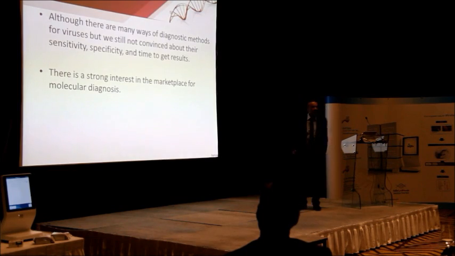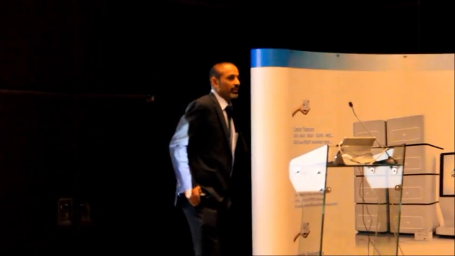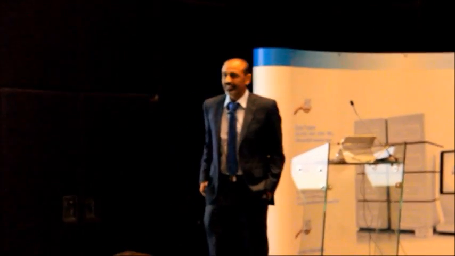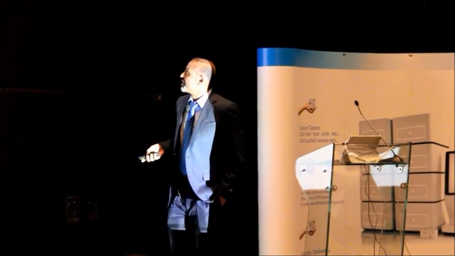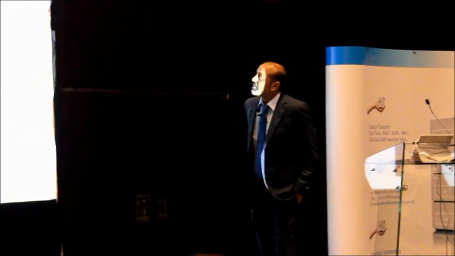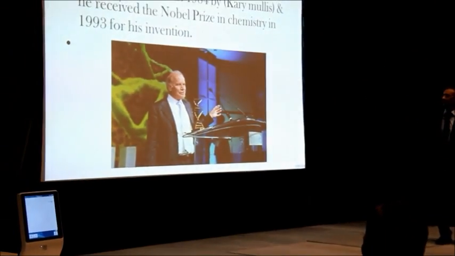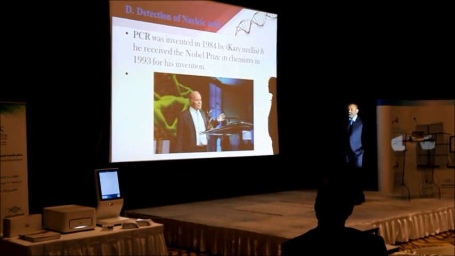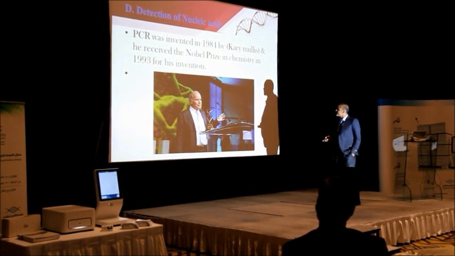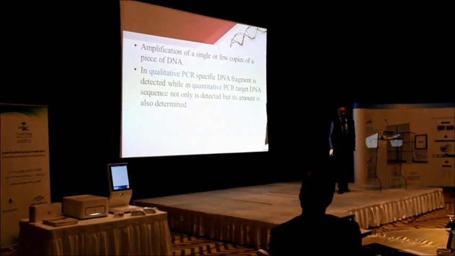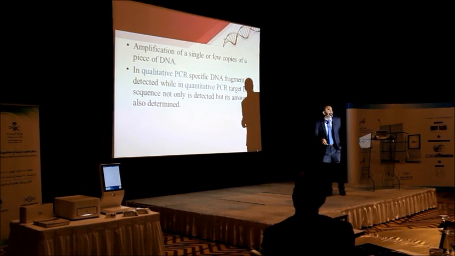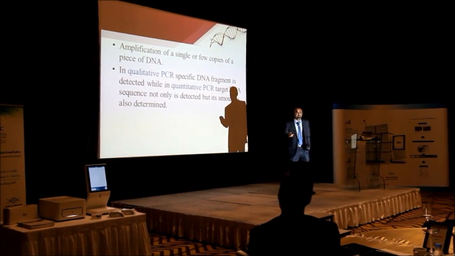After all these things, we were hoping for a new technique that would make life easy for us in diagnosis, very sensitive and specific. Thanks to Kary Mullis, who invented PCR in 1983 and got the Nobel Prize for this invention. I'm sure most people here are very familiar with PCR, but I'll give a refreshment for the people coming after me.